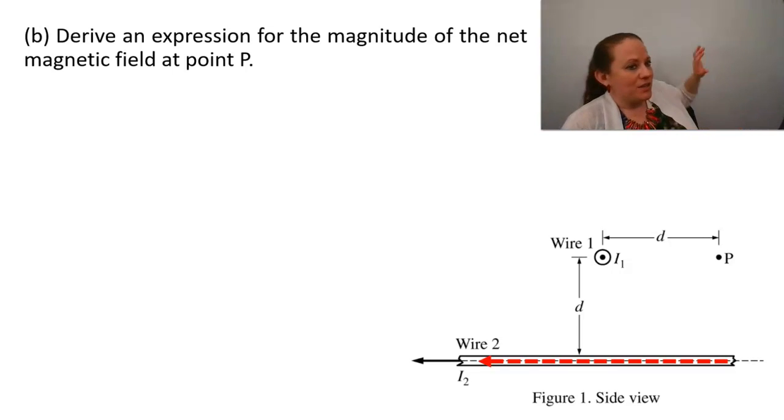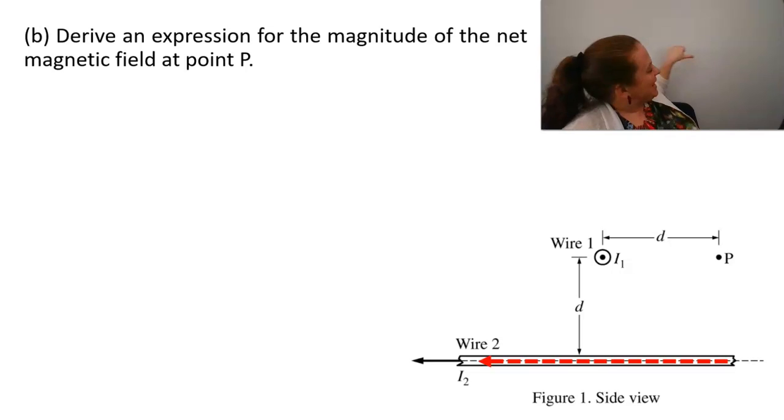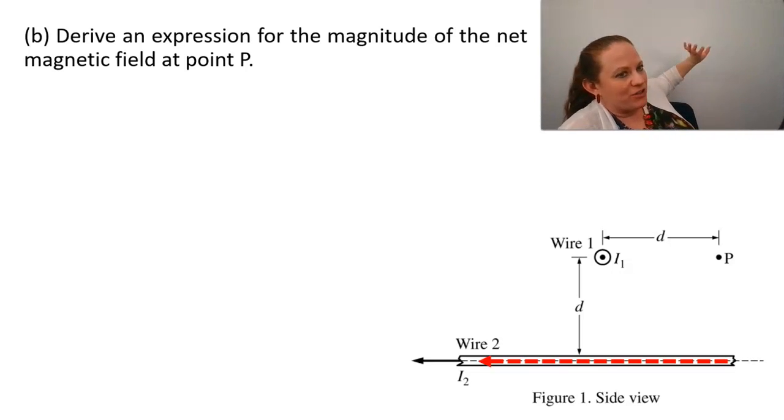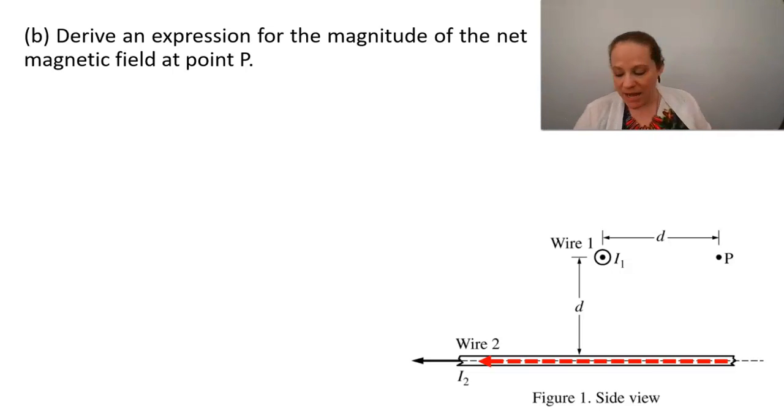So I'm going to turn so that this looks more like what you would see as you do the right-hand rule. So with our thumb pointing this direction, our fingers are going to curl and show the direction of the magnetic field around the wire. And at point P, our fingers are pointing into the page.